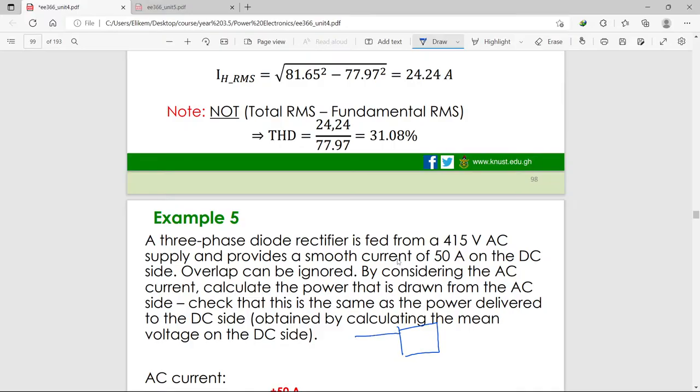So there's an AC side like this, a rectifier, and you're getting DC here. So calculate the power that is drawn from the AC side. We know that P is equal to IV.